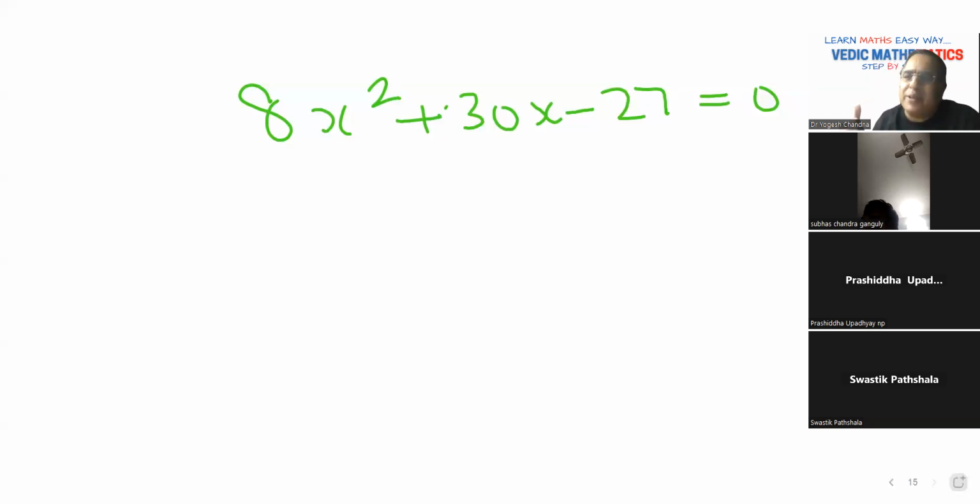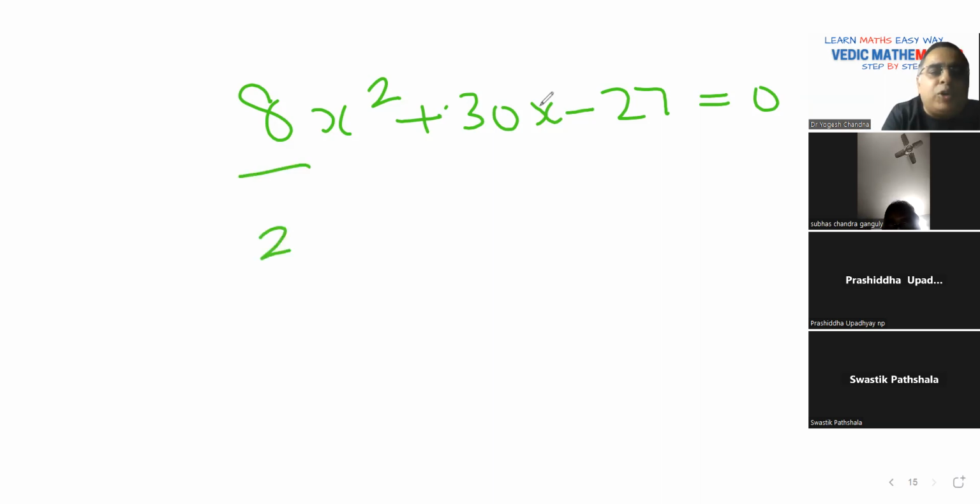You need not find the product. Just find the factors of the individual a and c and you'll get the solutions. Yes, minus 3 by 4, minus 9 by 2. Perfect. Yes, anyone else?